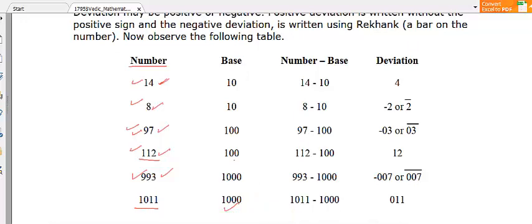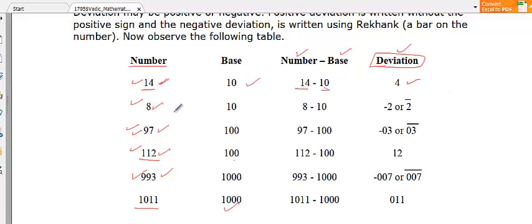After that you will find the deviation. This is very important. Whenever you want to multiply two numbers, you have to find the deviation in the second step. What is the deviation? The formula for deviation is the number minus the base. Here the number is 14, so 14 minus 10, because the base is 10, you will get 4.